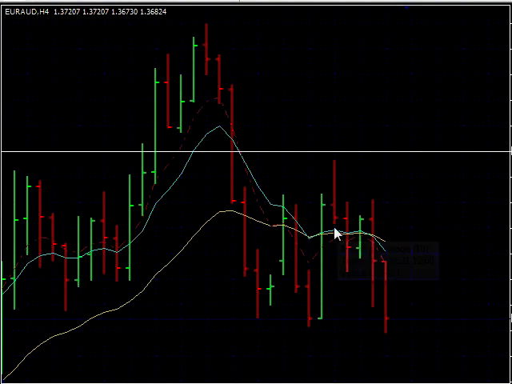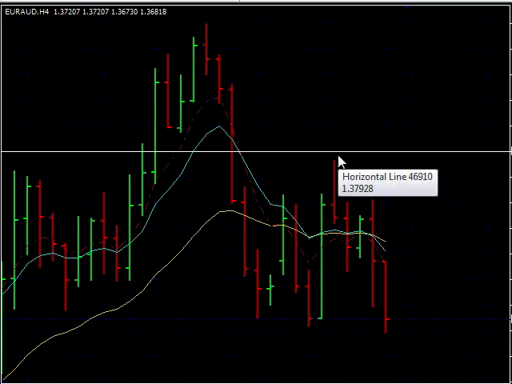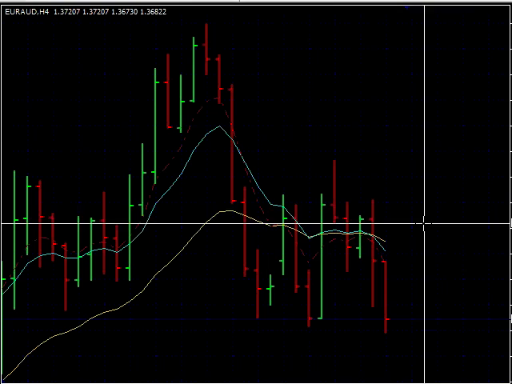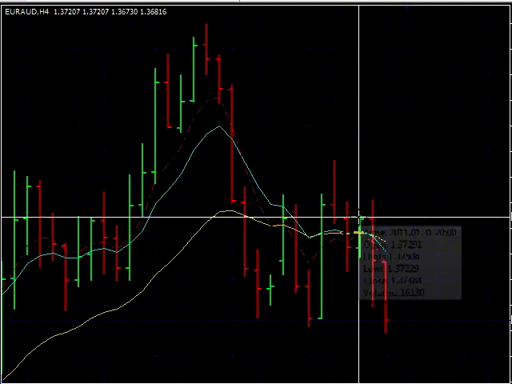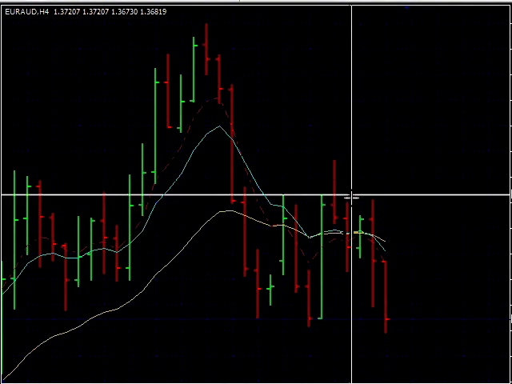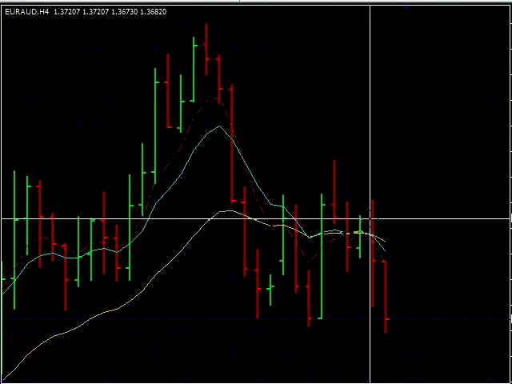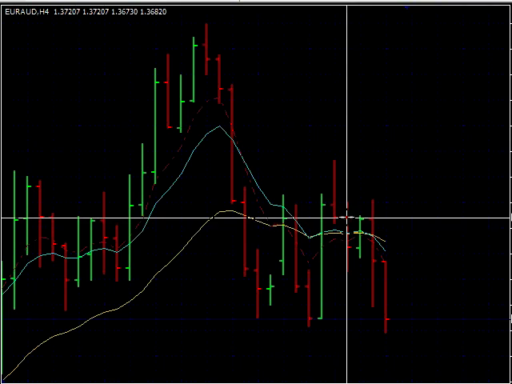Alright, so we will place our stop loss right above this area, right above the pin. Let me take this bar away first. Okay, so let's say the pin close. We spotted all this confluence, we spotted the price action bar, so we entered right at the close of the pin.